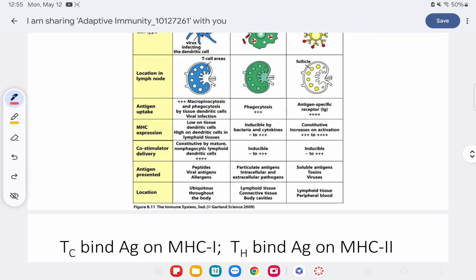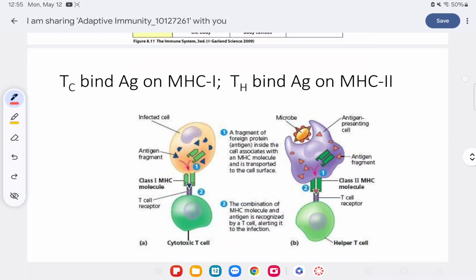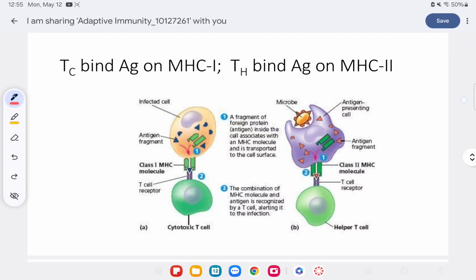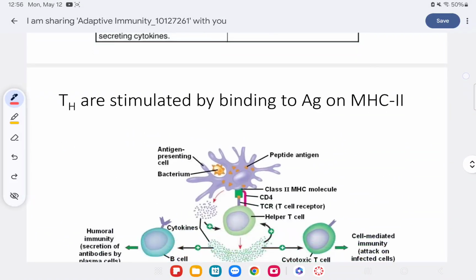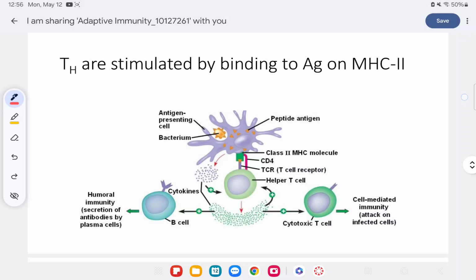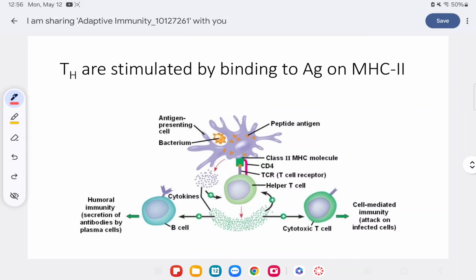T helper cells respond to things on MHC type 2, but T cytotoxic will find an infected body cell because it will display what's on its MHC type 1. Okay, so I'm going to skip past that. Once a T helper cell is stimulated, because it bound something on an MHC type 2, it says, it's wrong, I don't like what I'm seeing.